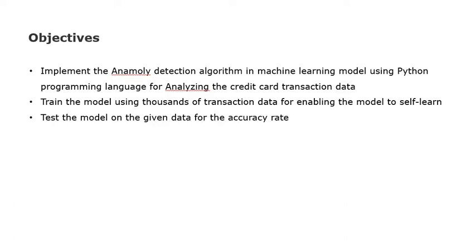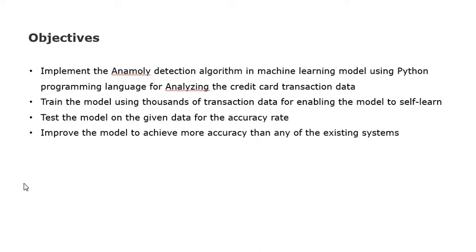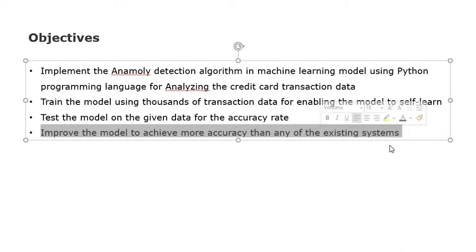After the training is completed, we will have to test the model so that the accuracy rate can be determined, and we will have to prove that our system is way better than the existing system in terms of accuracy. That's the third thing we are going to do. Then we are going to improve the model, maybe by changing some of the parameters, to achieve more accuracy, because the fourth objective says that it should be better than any of the existing systems.